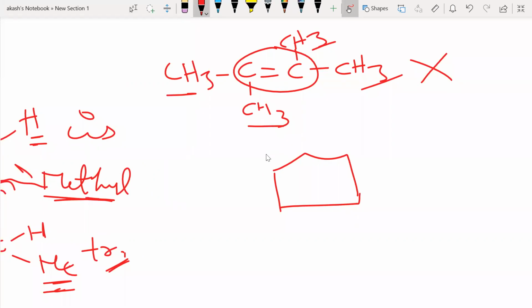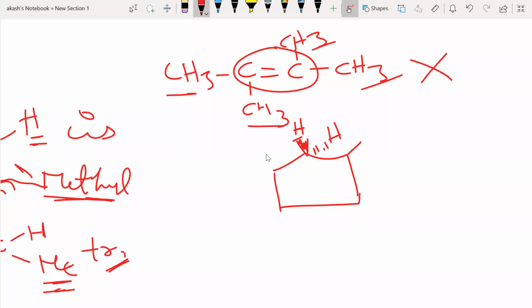Please understand, guys, in each of the carbon atoms there are two bonds. Each of these bonds is not going to be in the same plane. So one bond will be like this, the other bond will be like this. Say if I have two hydrogens, one hydrogen will be pointing towards you, another hydrogen will be pointing away from you.